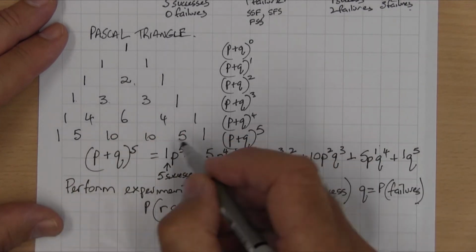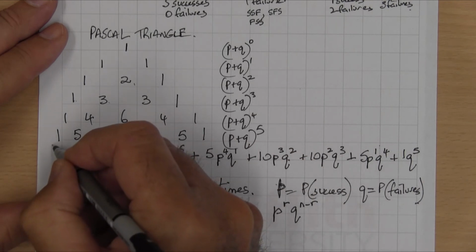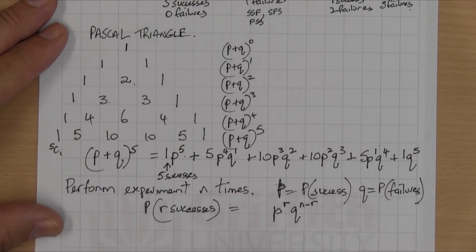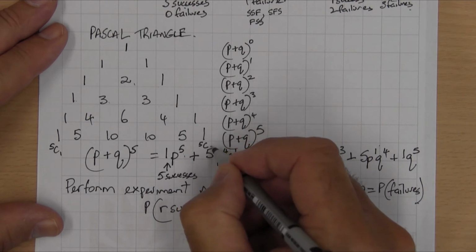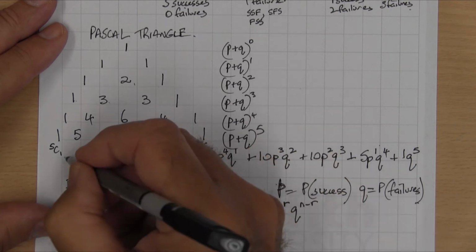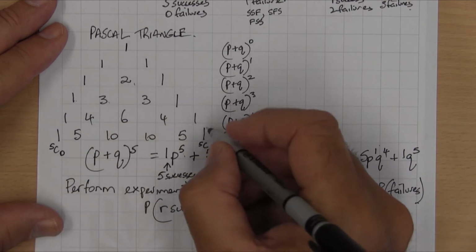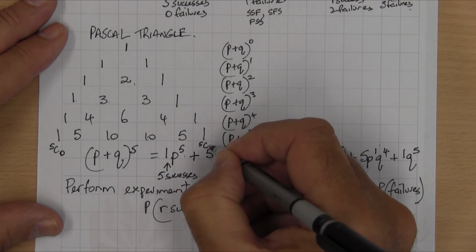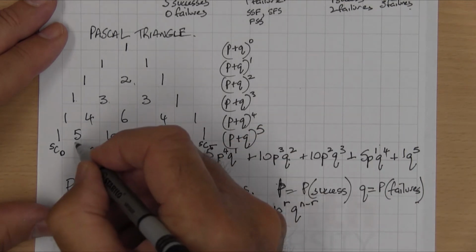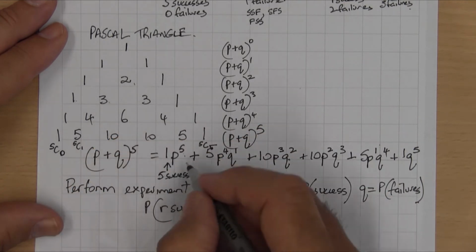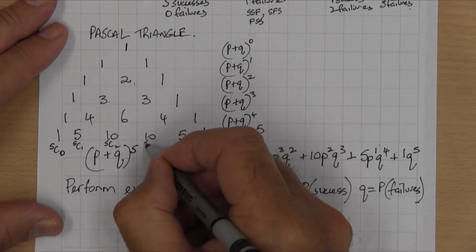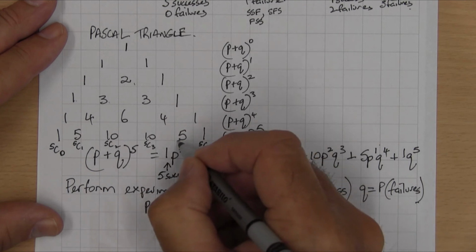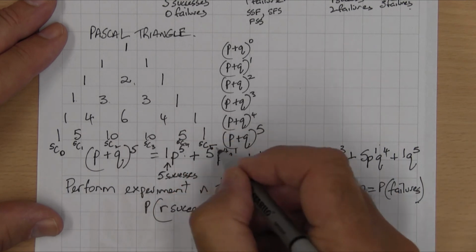So this actually turns out to be 5C0, this is 5C1, this is 5C2, this is 5C3, and that's 5C4, and that's 5C5.